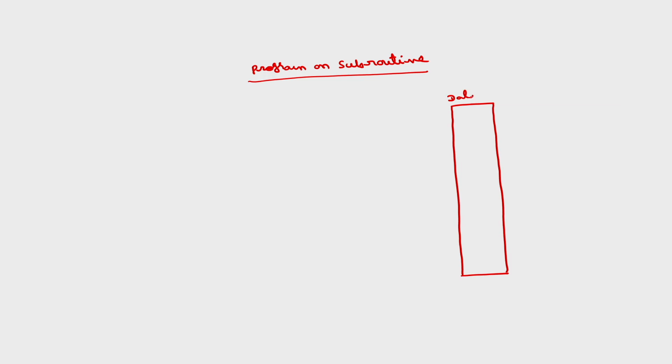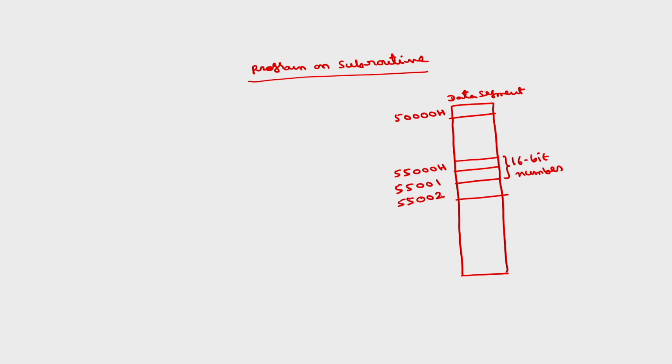This is the data segment, same address, say 50,000H, and let us assume that in 55,000H one 16-bit number is stored. 55,000, 55,001, and then 55,002, the second 8-bit number is stored.